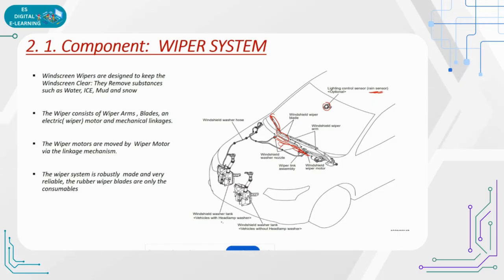Okay, so in some areas we came up with the windshield washer tank, and vehicles with headlamp washer. Nowadays you have the lights, right? Lights also have a water tank. The water tank will pump to the washer system, as well as the cameras.